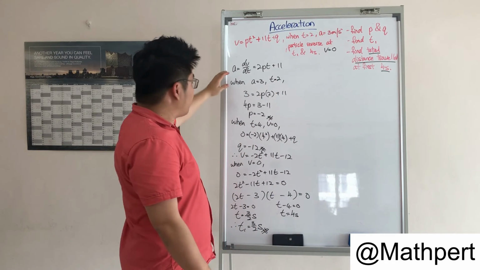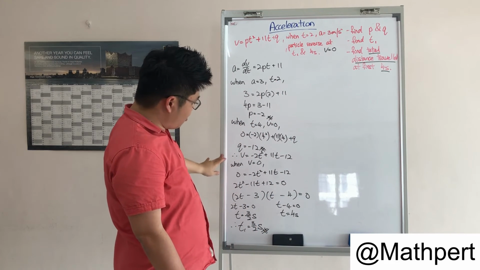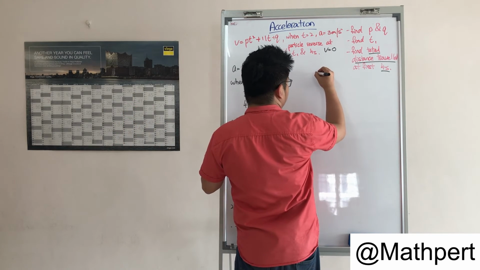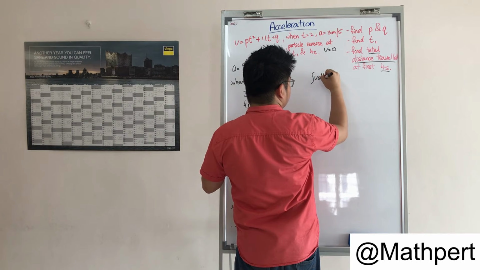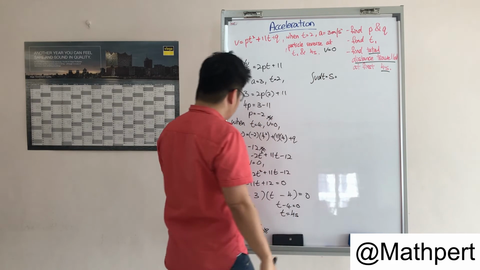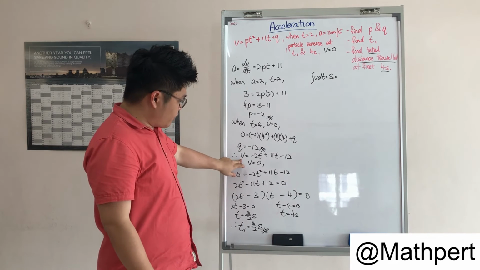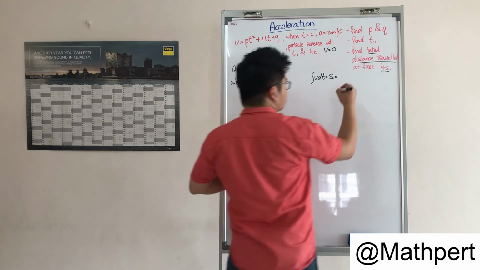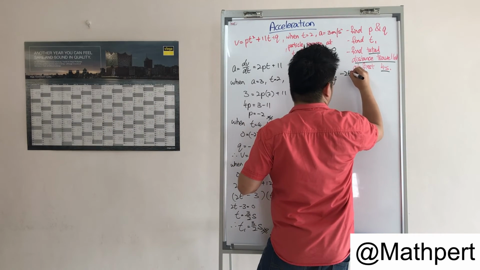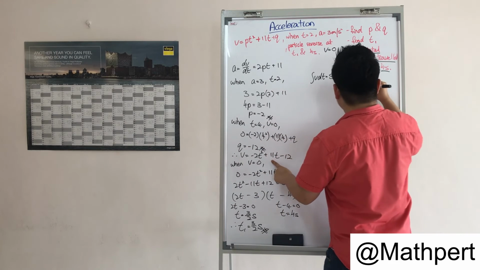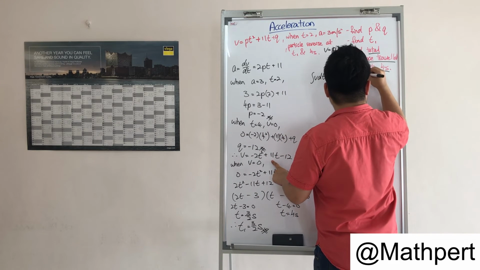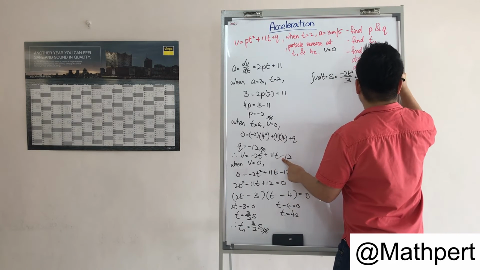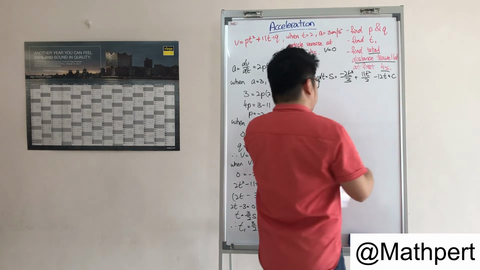So first, let us find out what is the equation for displacement. We integrate it. So integrate v dt equals s. Integrate negative 2t squared, we get negative 2t cubed over 3. Then here we get 11t squared over 2 minus 12t plus c. Alright?